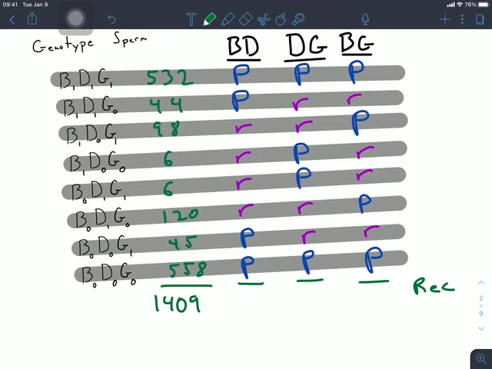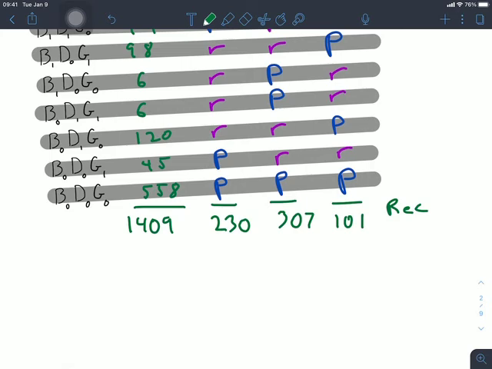But we see that 98, 6, 6, and 120 adds up to 230. Going on to our next, we see 44 plus 98 plus 120 plus 45, giving us a total of 307. And then last but not least, 44, 6, 6, and 45, value of 101. So those are the total number of recombinants.